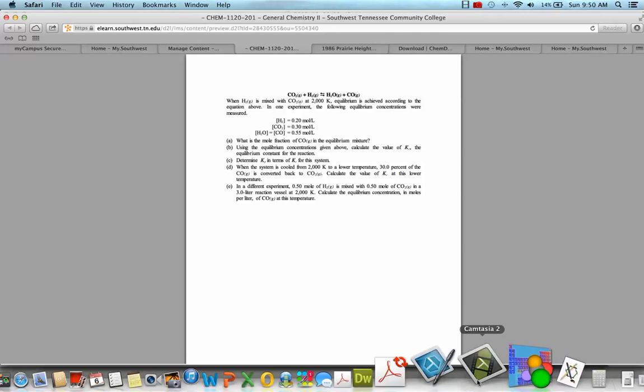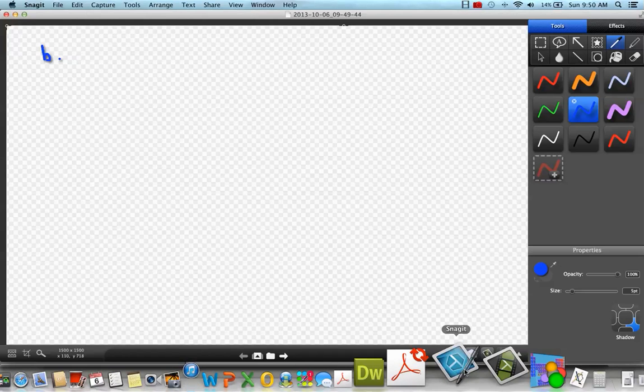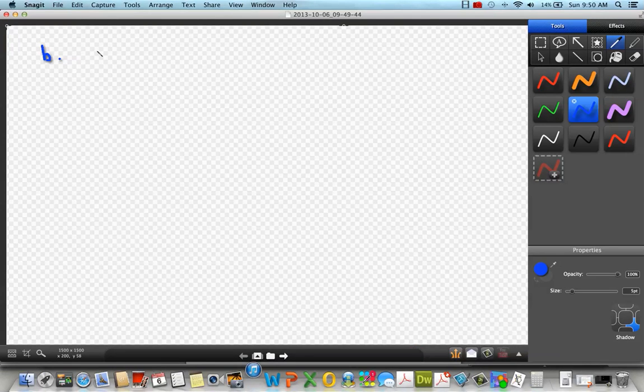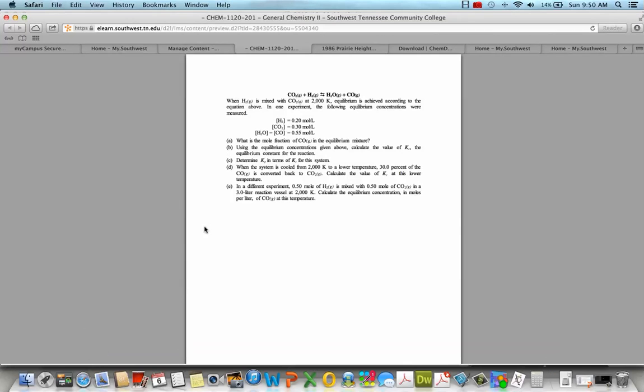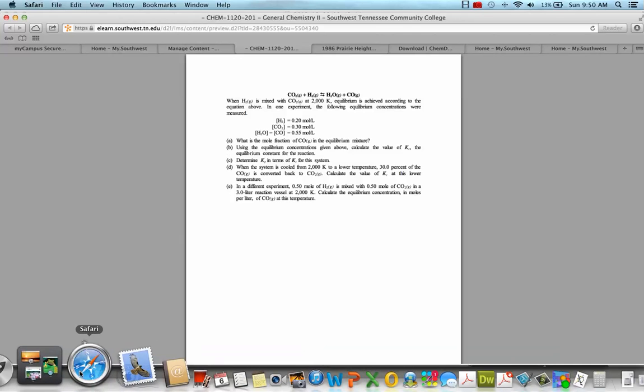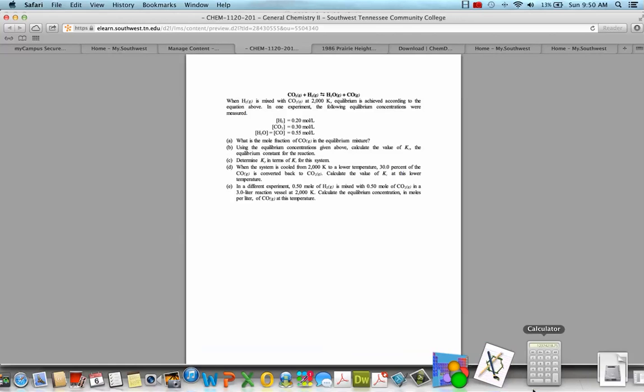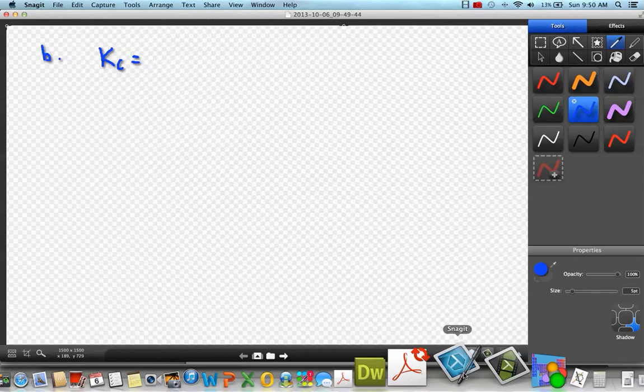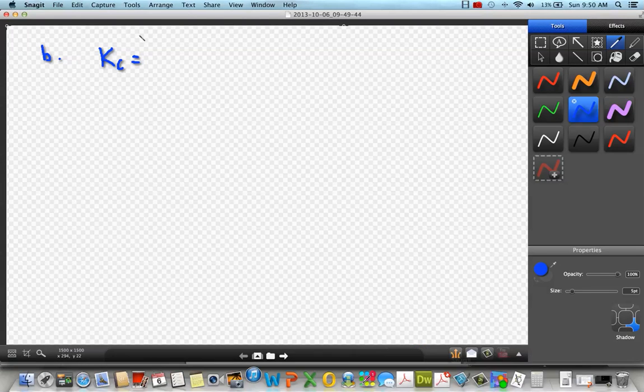That's also a fairly simple question to answer because we know that Kc is equal to the concentration of products over reactants. Going back and looking at our equation, everything is in a nice one-to-one stoichiometric ratio. That really makes this particular calculation simple, in my opinion.